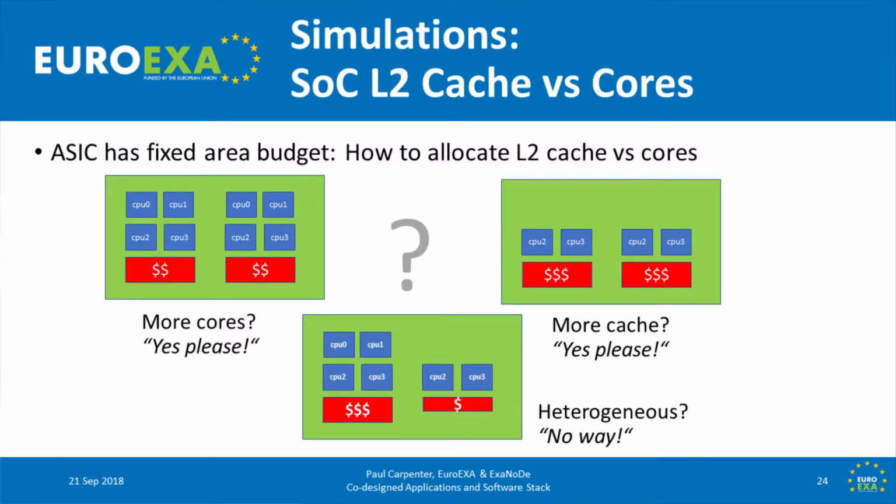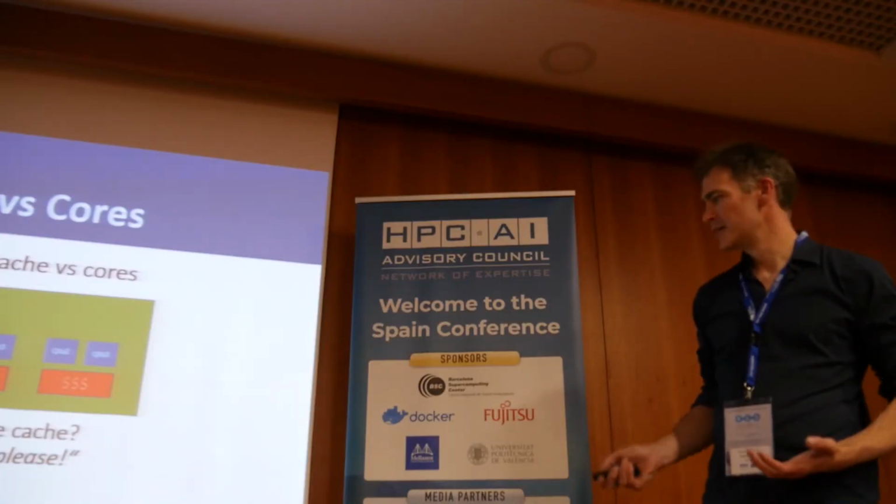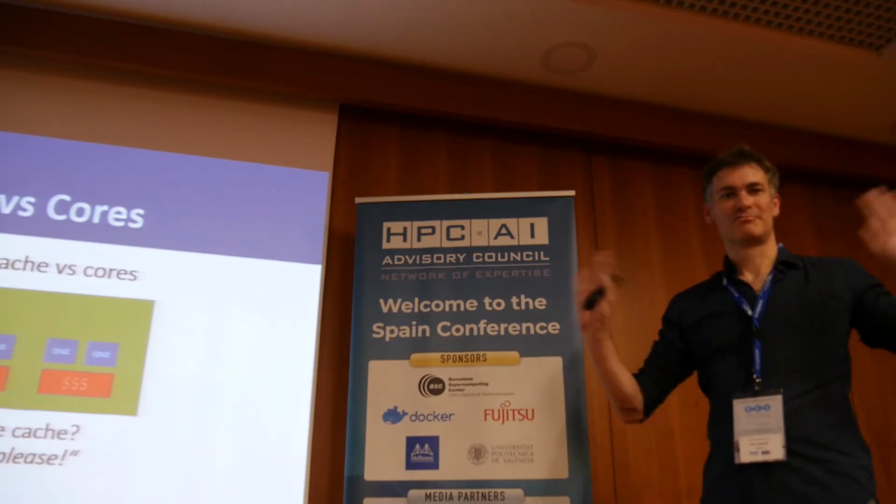Another thing we looked at, without giving details on the quantitative side because obviously I can't, is: do you want more L2 cache or do you want more cores? Do you want more cores? Yes, please. Do you want more cache? Yes, please. But what's the trade-off between them? Do you want something heterogeneous? No, don't give me that.